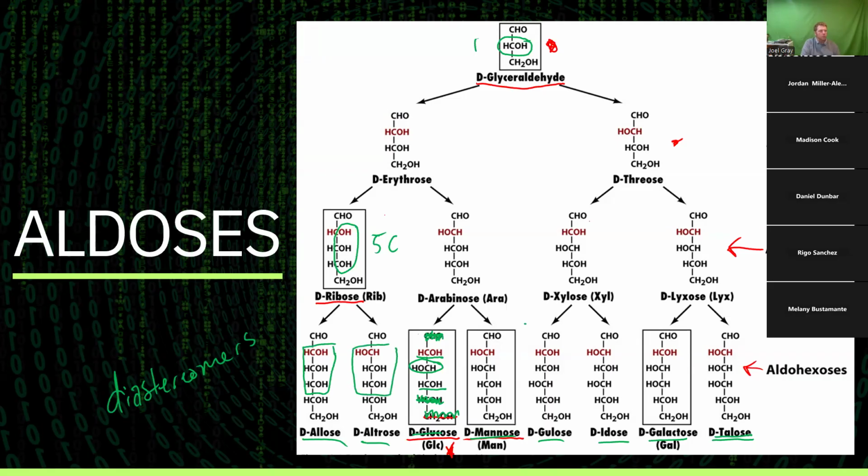Altrose is left, right, right. Glucose is right, left, right. Mannose is left, left, right. Gulose is right, right, left. Idose is left, right, left. Galactose is right, left, left. And talose is left, left, left. Could everyone give me an emoji in the chat if you follow that?